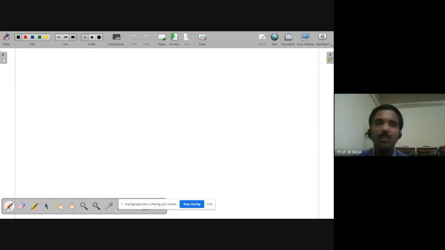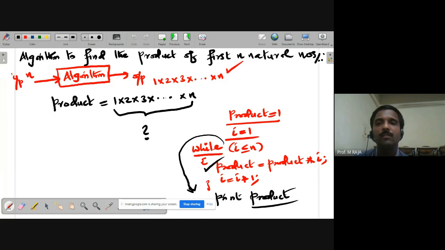Suppose n is equal to 3. When n is equal to 3, initializing I is equal to 1, product is equal to 1. I is set to 1, product is set to 1. While, right, what is the meaning of while? As long as I less than or equal to n remains true, execute these operations.